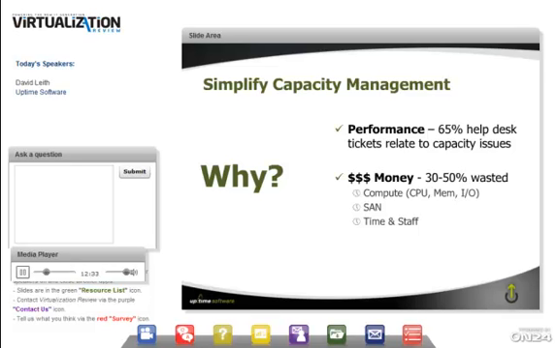And then there's the time and staff aspect of capacity management. So back to the 65% of tickets. We want to get away from managing all of those issues because, frankly, capacity issues can largely be avoided. Right? These are all problems that we could plan ahead for. So how do we actually do that planning ahead, and how do we simplify the problem enough that we can start on a proper capacity planning exercise?